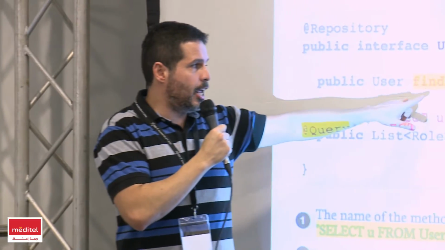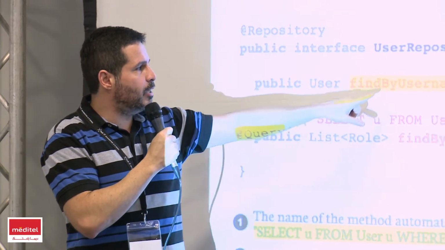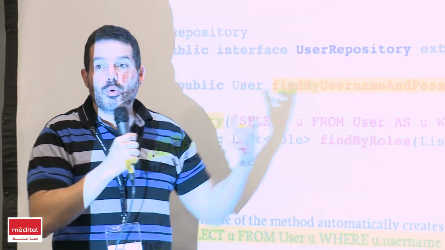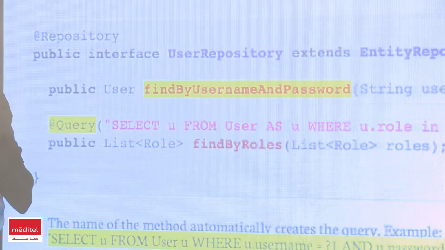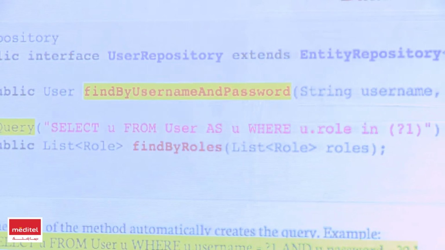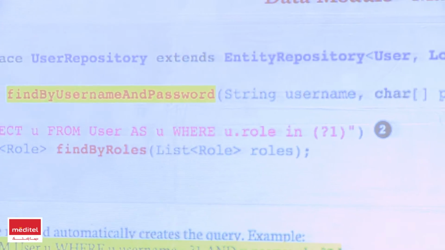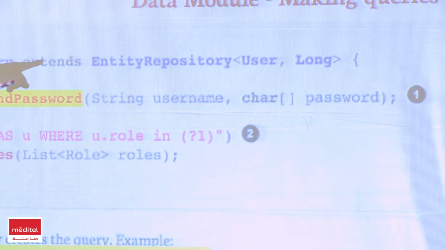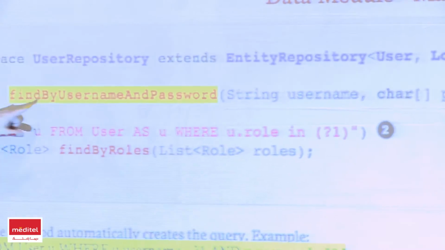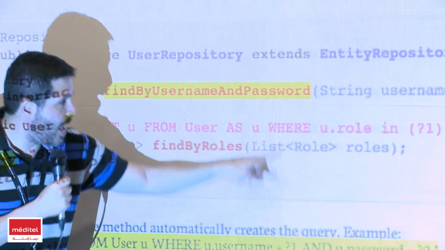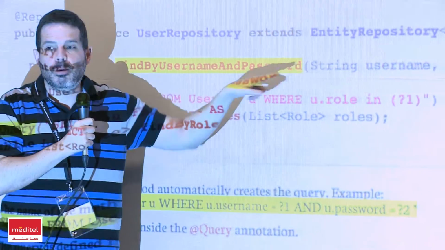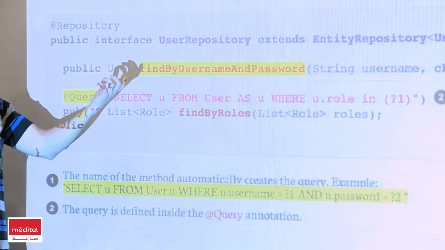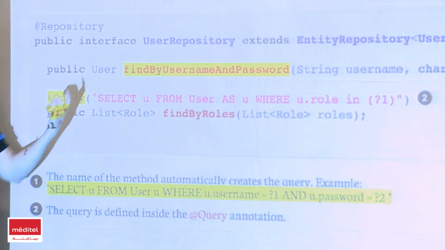The name of the method is findByUsernameAndPassword. What will happen? When you call this method, it will automatically generate a query for you, like select from user where username and password are equal to these values. The name of the method defines the query.